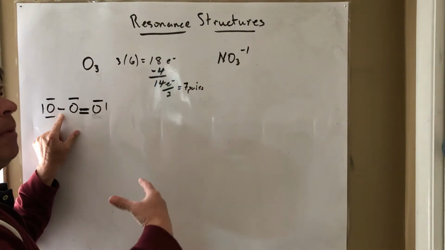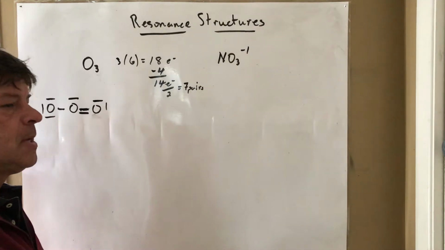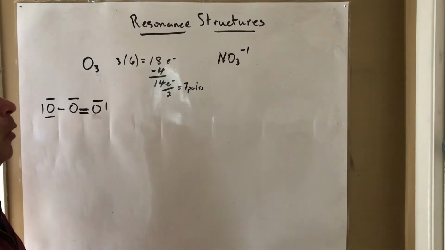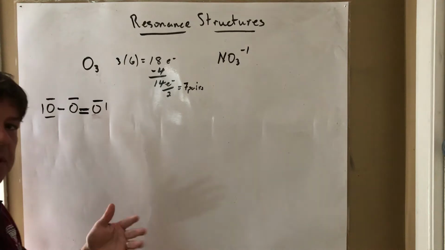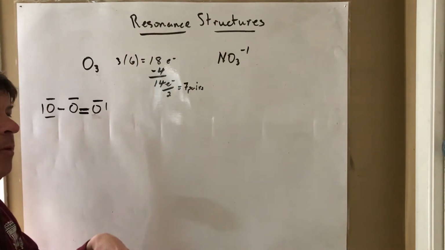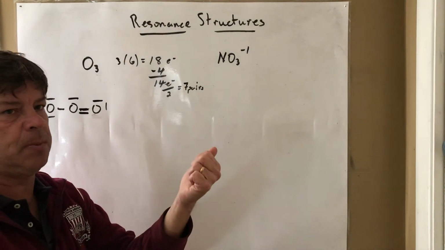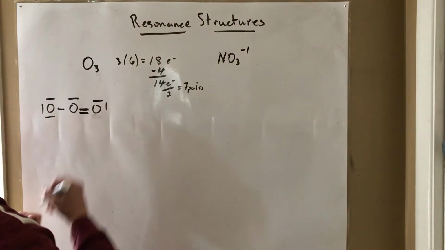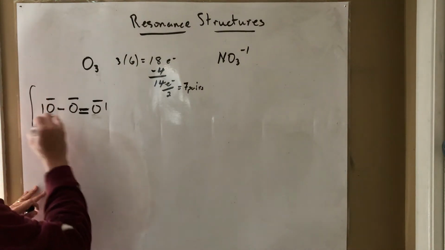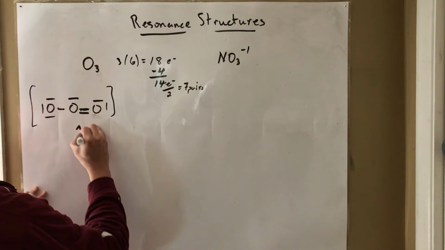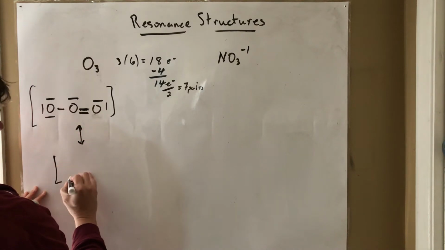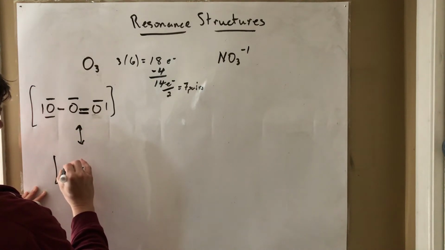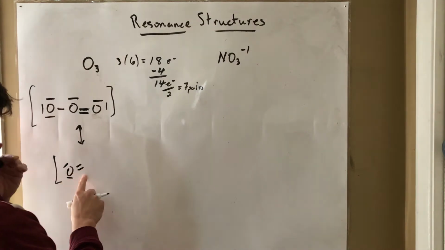It's actually more like 1.5 bonds too. So there's no one Lewis dot structure that can represent this. So what we do is we draw the extremes. We would put this in brackets, use an arrow, and then draw the double bond here.